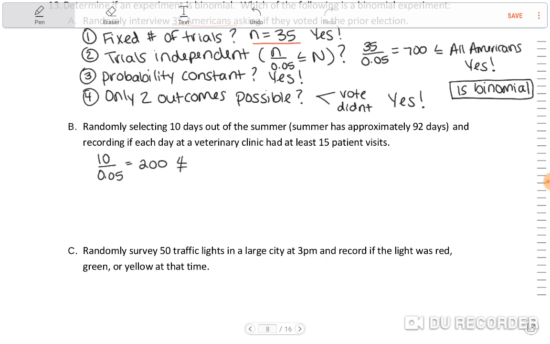So this is not less than or equal to 92. So these are not independent, because of that fact. That's what we're noticing there. And so because it's not independent, I would say not binomial.